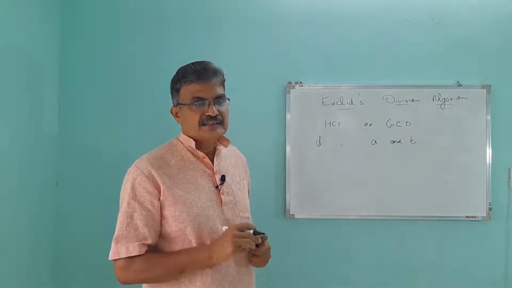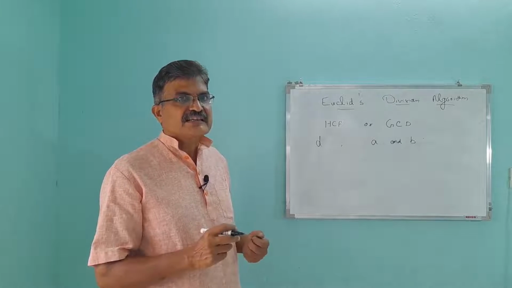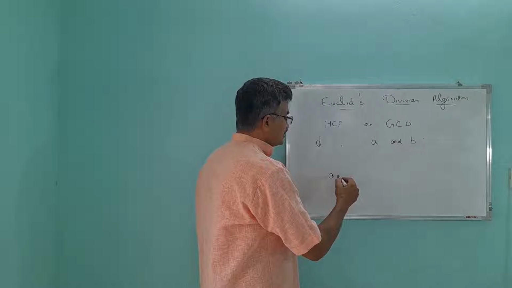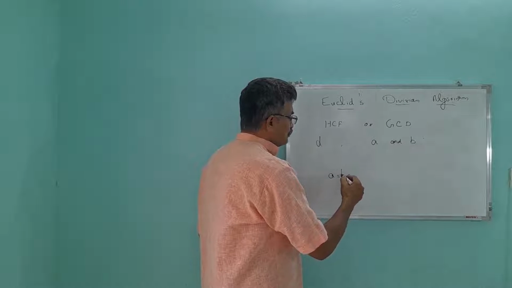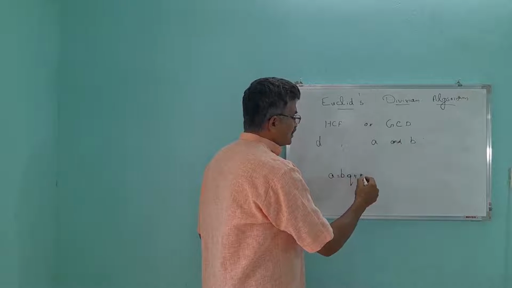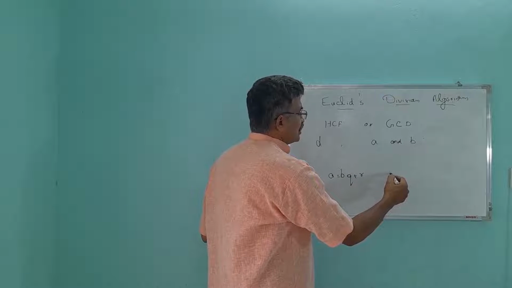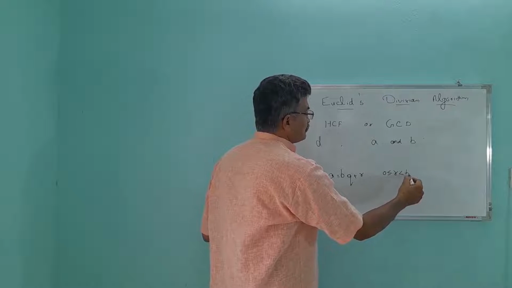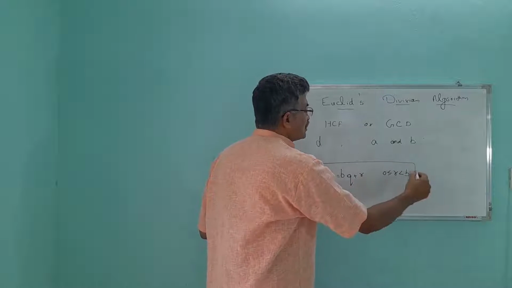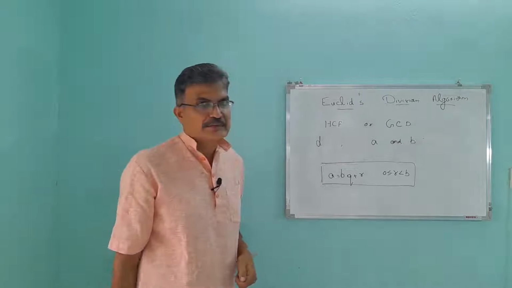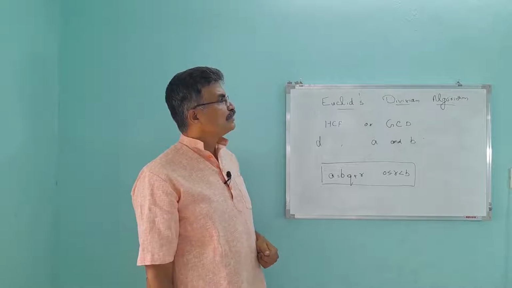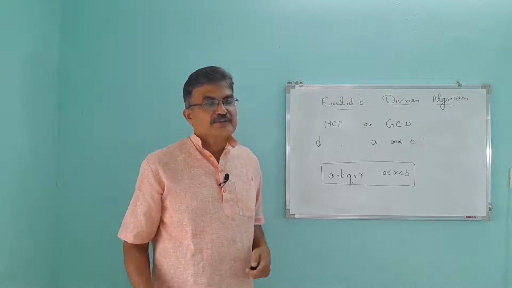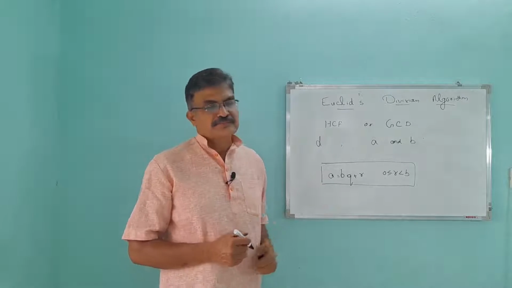If A and B are two numbers, then we can find two unique numbers Q and R such that A is equal to BQ plus R, and the value of R is greater than or equal to 0 but less than B. This is Euclid's division lemma. In order to find the HCF of two numbers using Euclid's division algorithm, we use this lemma.